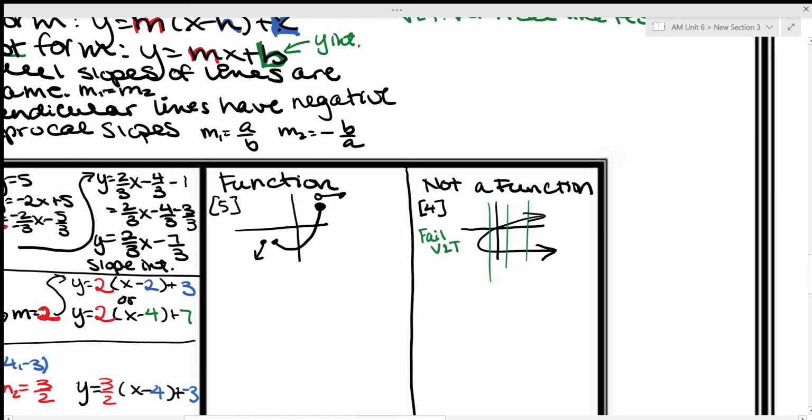Does that mean it passes or it fails? What do you guys think? It passes, because if I draw that vertical line right through it, that open circle is not an actual point on the graph. It's kind of like invisible. So this one passes the vertical line test.